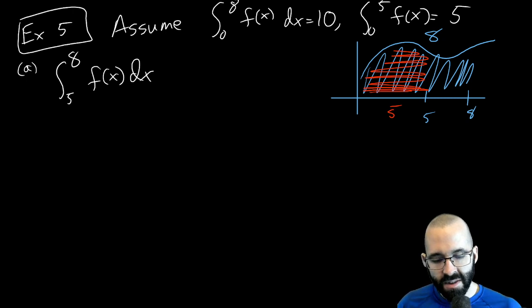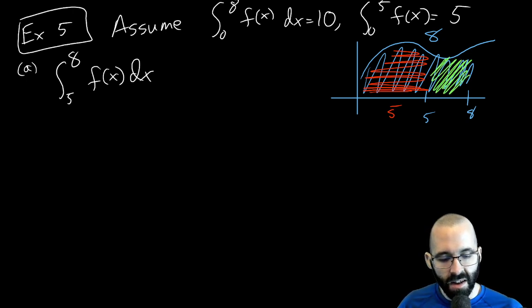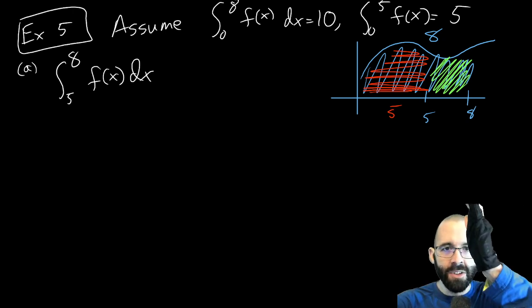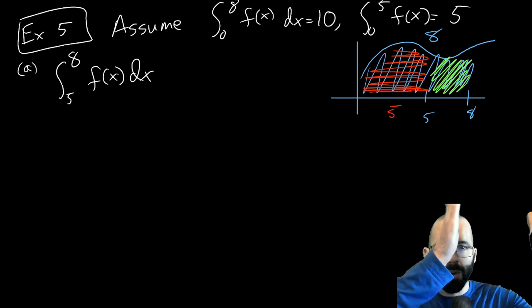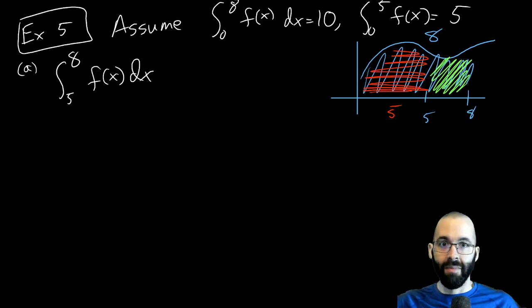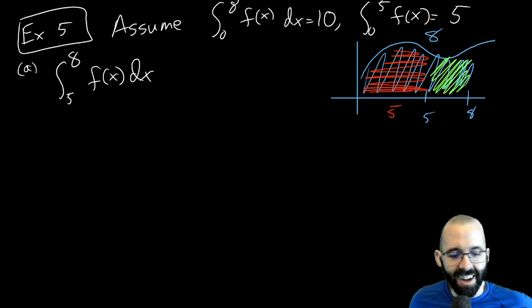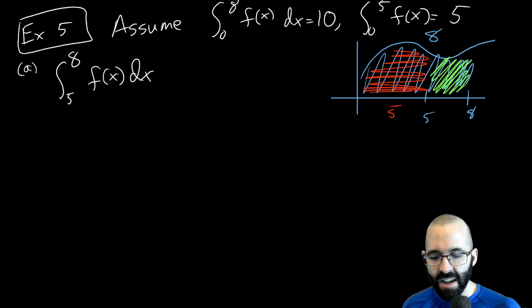The question becomes, what's the area from 5 to 8? Which is 3. If you know your properties, and you know what areas is, well, if the total thing is 8, this portion's 5, what's left over? Yeah, just 3. So we can write this out with the property.